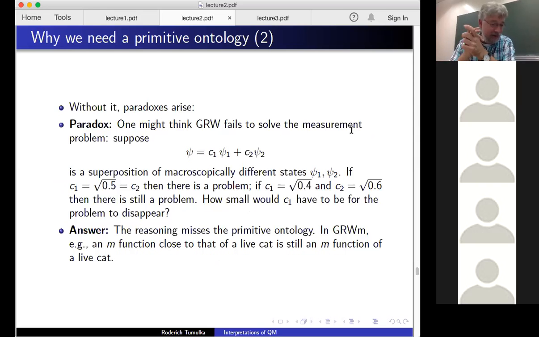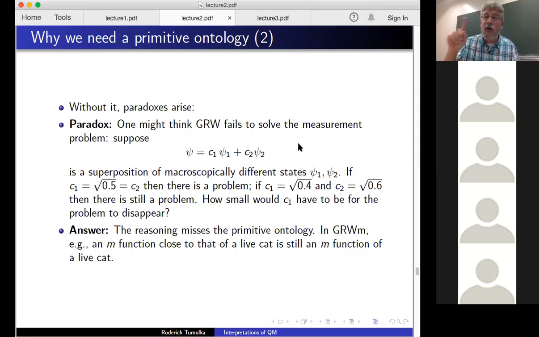Here are some further reasons. A second slide on the question why we need a primitive ontology. Without a primitive ontology, some paradoxes arise. Here's an example. One might think that GRW theory actually fails to solve the measurement problem for the following reason. Suppose you have a superposition like this, a superposition of macroscopically different states.